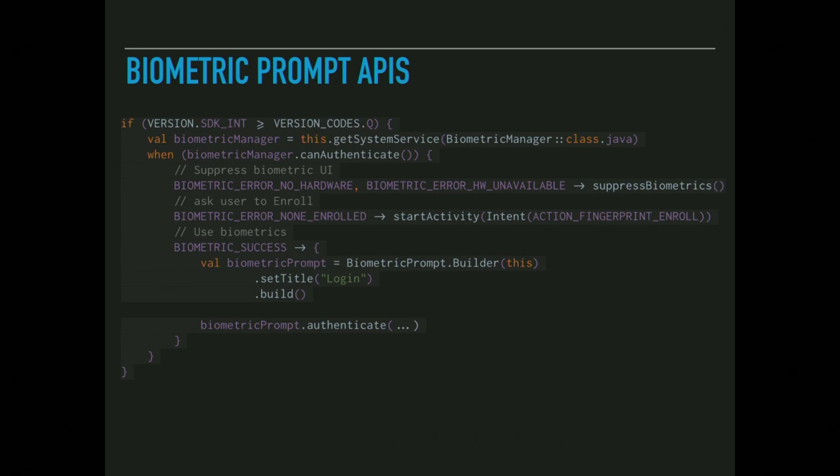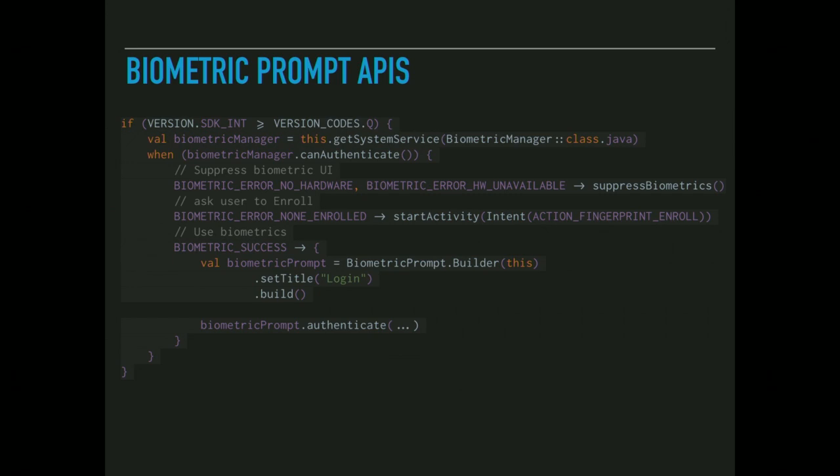If there's no hardware or the hardware is unavailable, meaning it can't contact the service running on the phone, you can just suppress whatever biometrics flow you have in your app. If it says none enrolled, then on 28 plus there's actually an intent you can start directly, rather than giving them just text that says go to your settings.